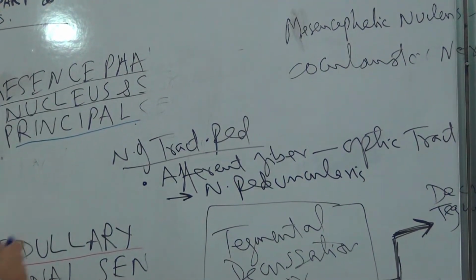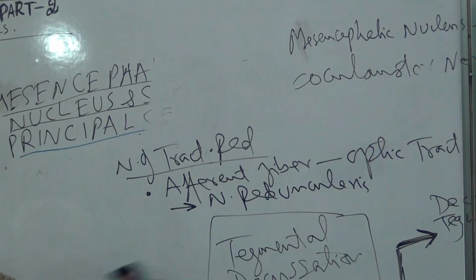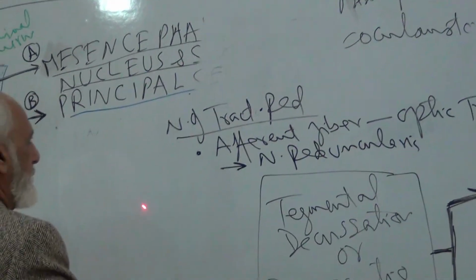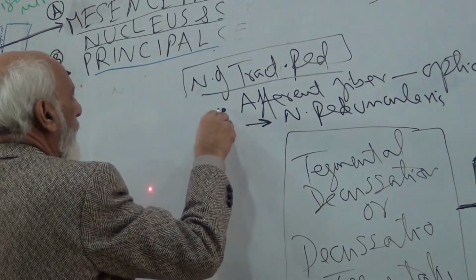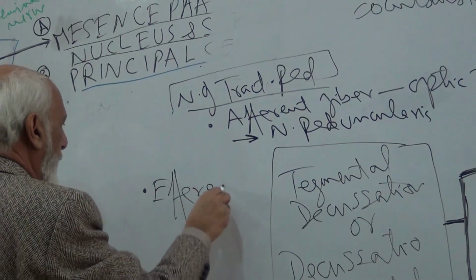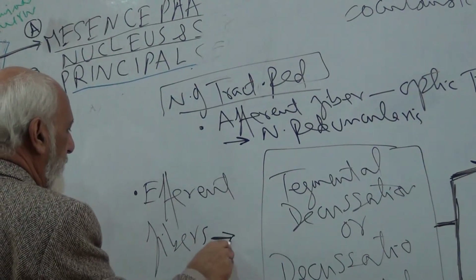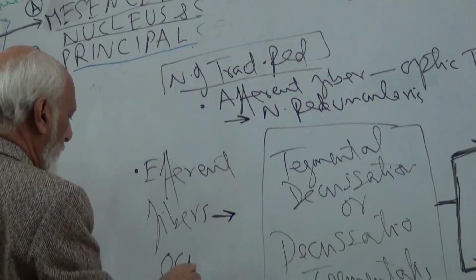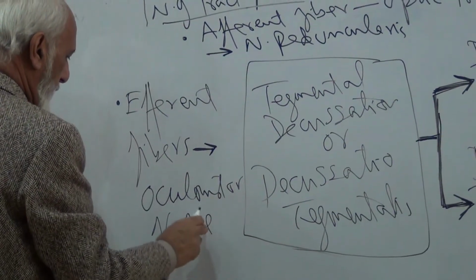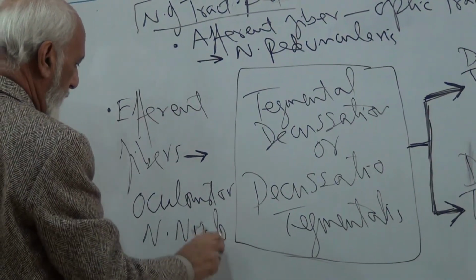And from this nucleus, efferent fibers arise, and they relay in the oculomotor nerve nucleus.